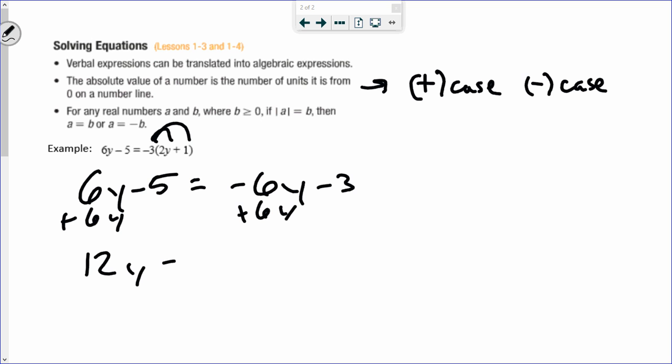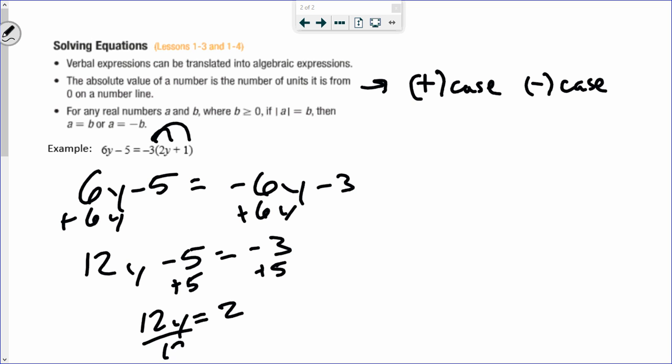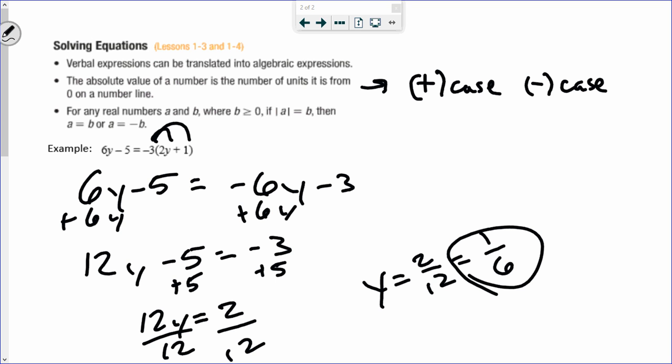So 12y minus 5 is equal to -3. Add 5. 12y is equal to 2. Divide by 12. y is equal to 2 over 12. We need to reduce that: 1 over 6. Okay, so that's solving equations again. That includes all the equations from 1.3 and then our absolute value equation.